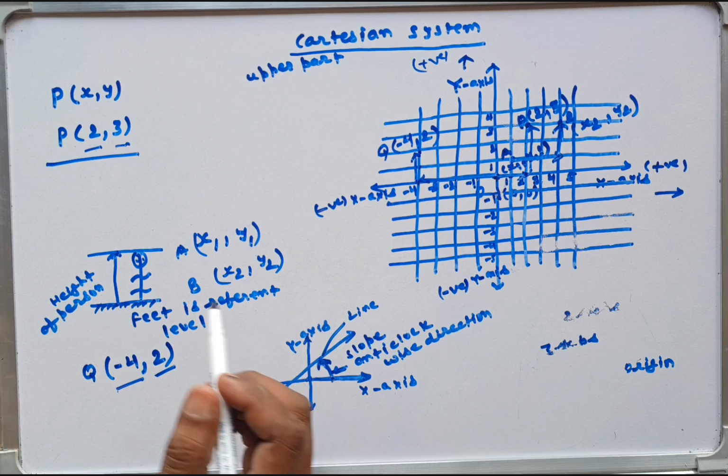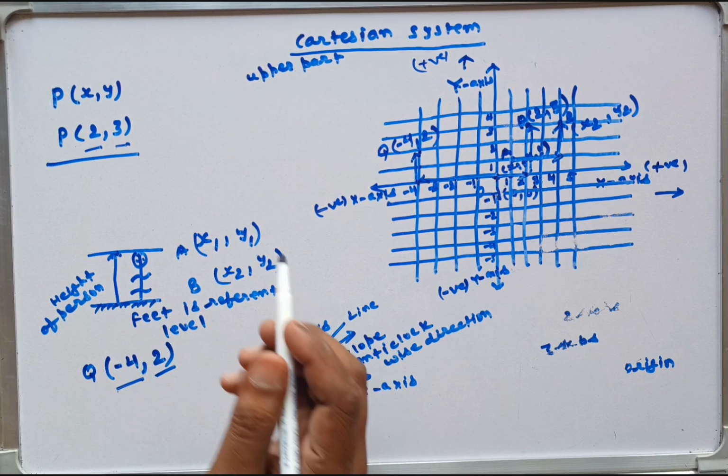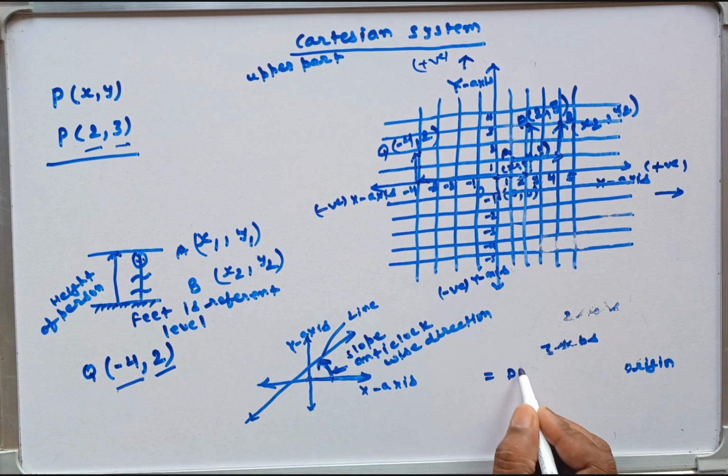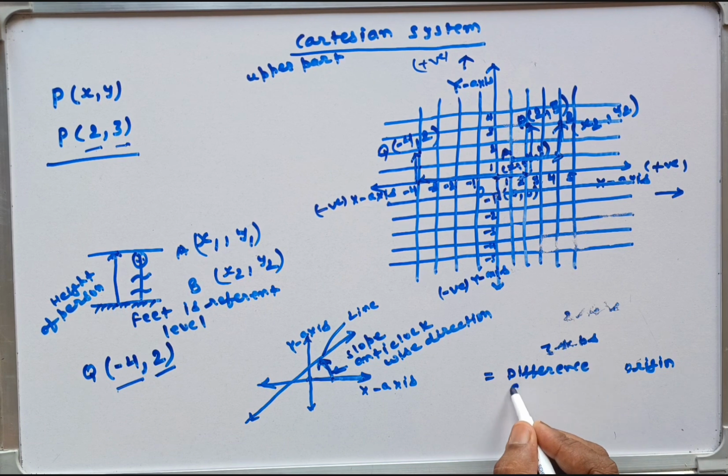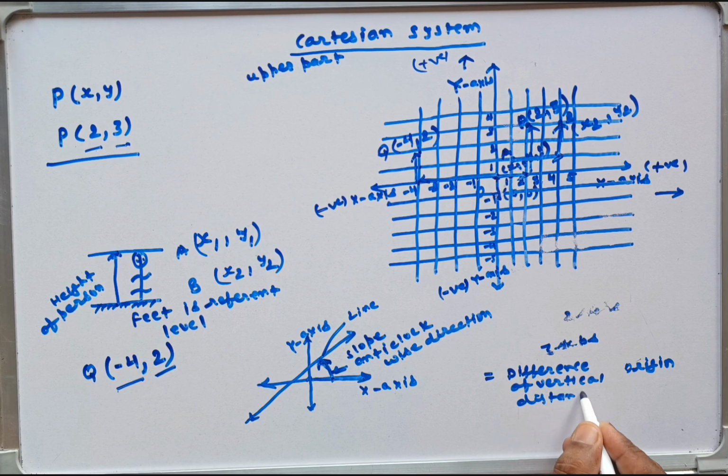So guys, slope is basically the difference of vertical distance and the difference of horizontal distance.